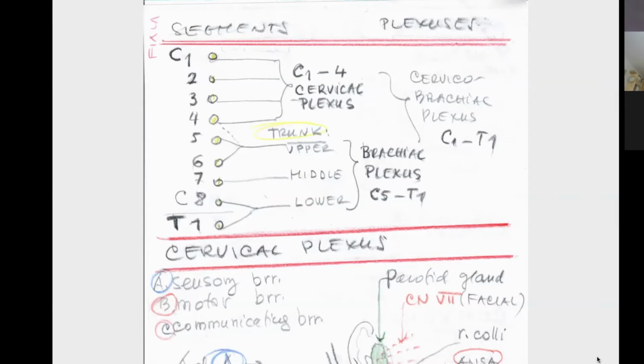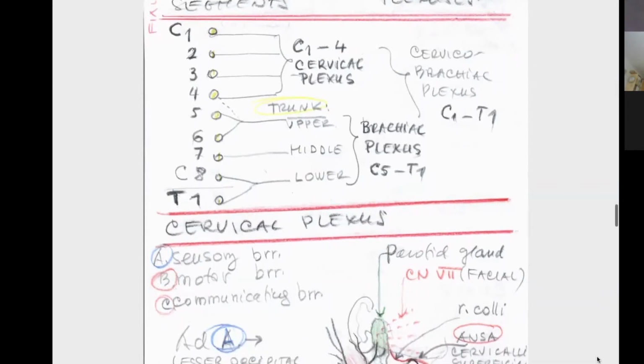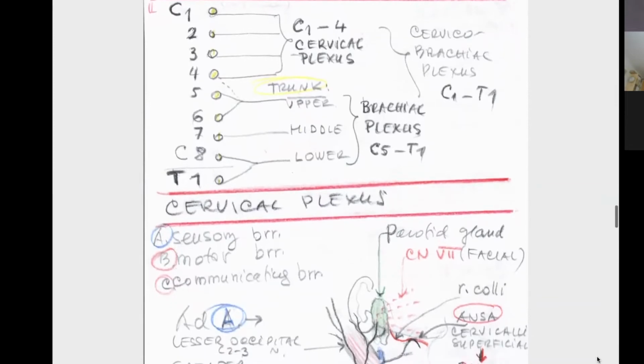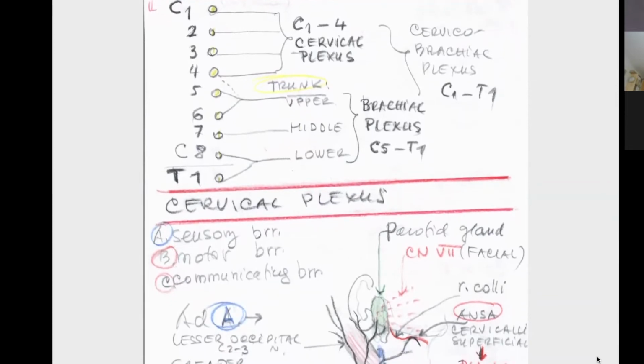Then we see the segments of C5, C6 with some interconnection from C4 forming the trunk, the upper trunk. Then C7 forms without any interconnection the middle trunk, and finally C8 and T1 form the lower trunk. So there are three trunks forming the brachial plexus.